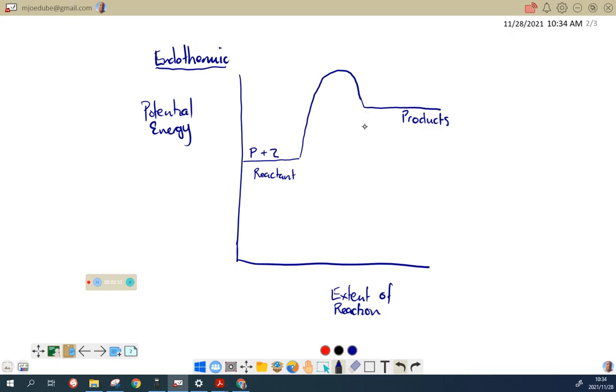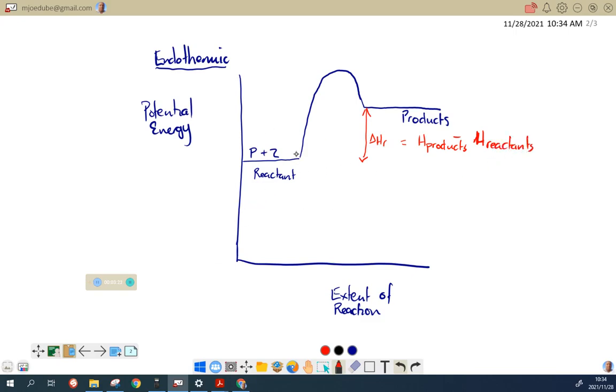Therefore, when we calculate the enthalpy change for the reaction, delta HR, it will be important to recognize that it's the difference between the energy of the products minus the energy of the reactants.